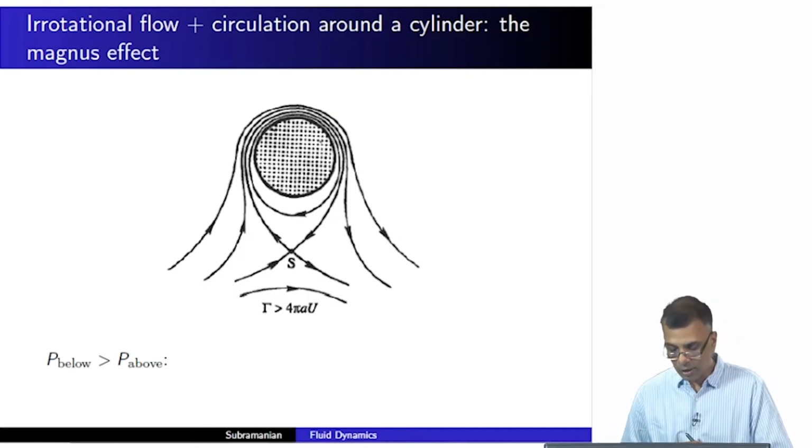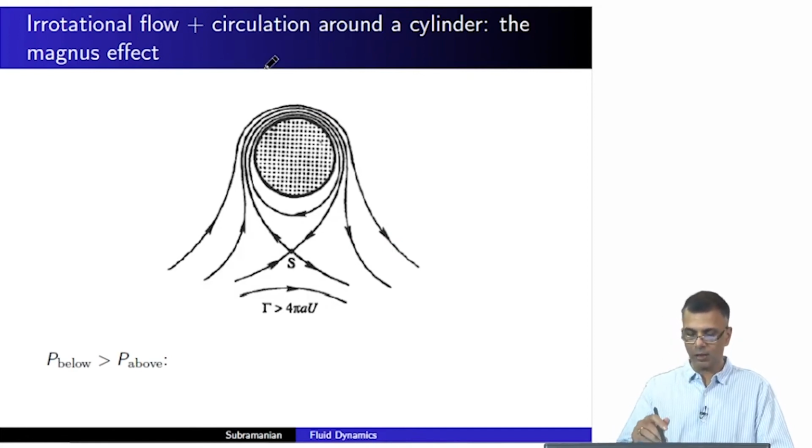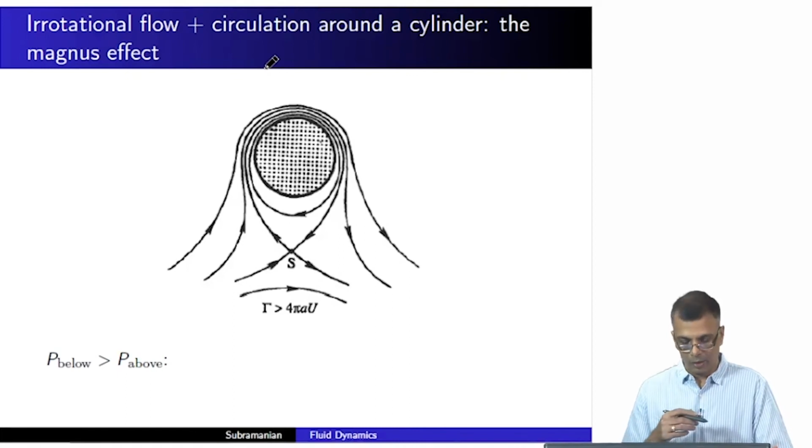So as a result of the fact that there's lower velocity here as opposed to here, the pressure below will be larger than the pressure above.